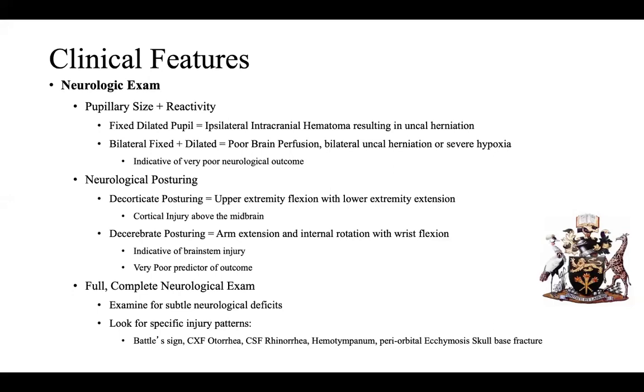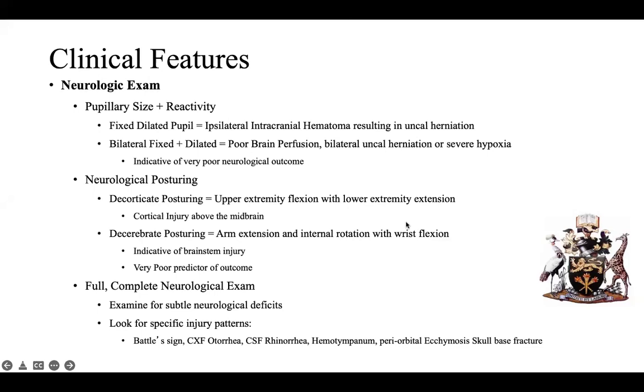Neurological posturing, decorticate. Let me just switch on the video. Decorticate posturing is where you have upper extremity flexion and lower extremity extension, and usually it tells you that there's an injury above the midbrain. Usually you have to be worried about it. It's where they have flexed both upper limbs and extended the lower limbs.